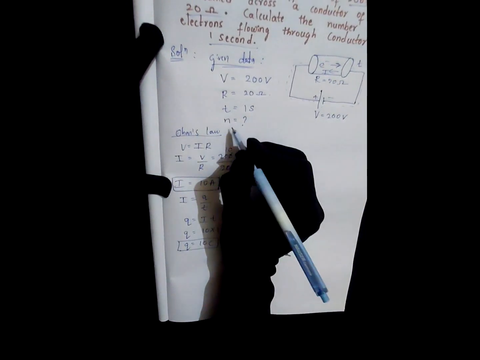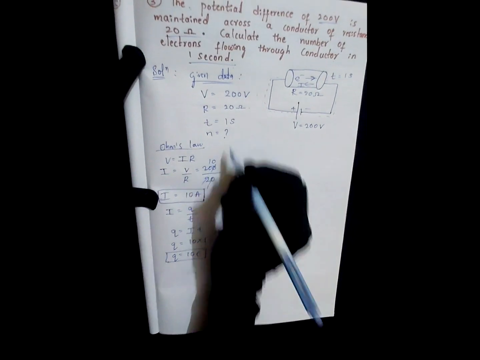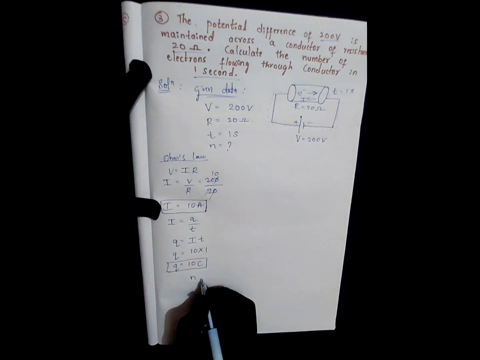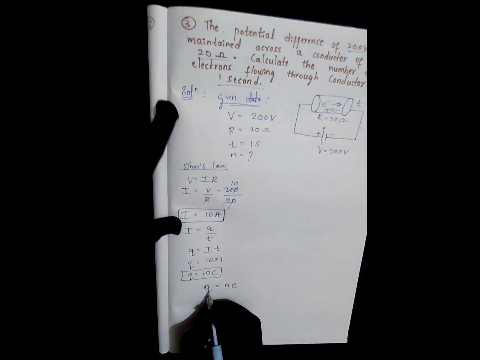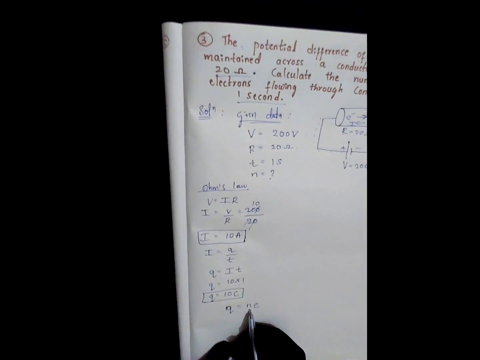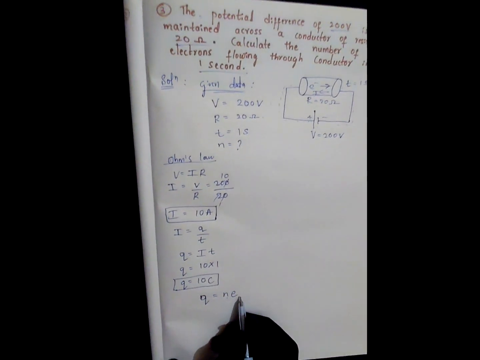Now we know the formula for n, the number of electrons. Before that, we know the formula Q equal to n into E, where Q is charge, n is an integer number of electrons, and E is the elementary charge of an electron.